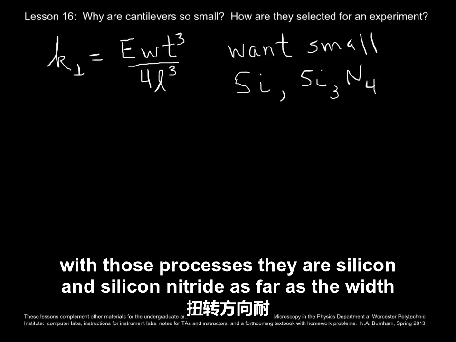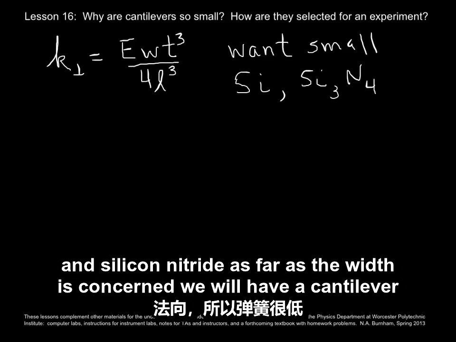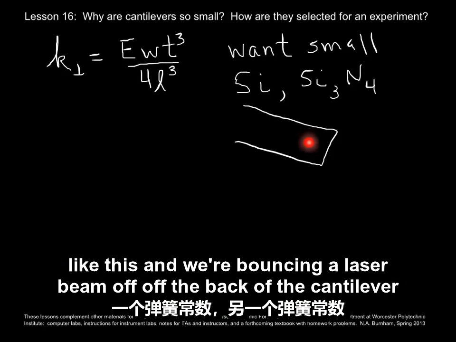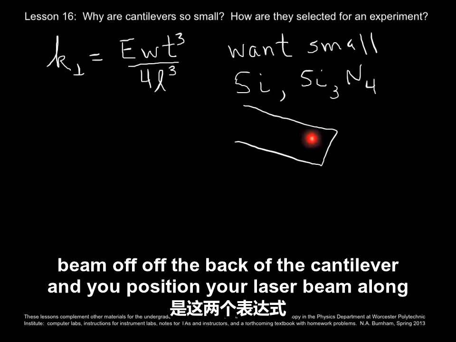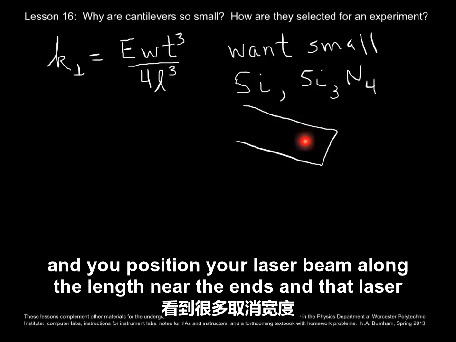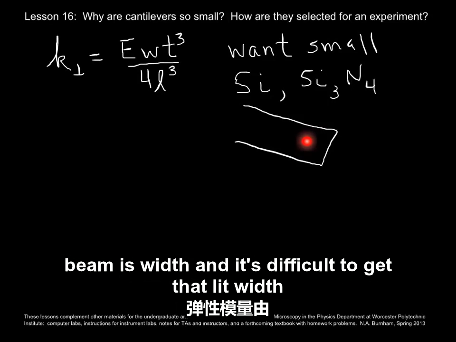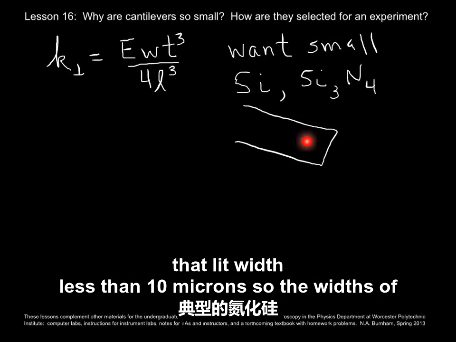As far as the width is concerned, we're bouncing a laser beam off the back of the cantilever, and you position your laser beam along the length near the end, and that laser beam has a width, and it's difficult to get that width less than 10 microns.